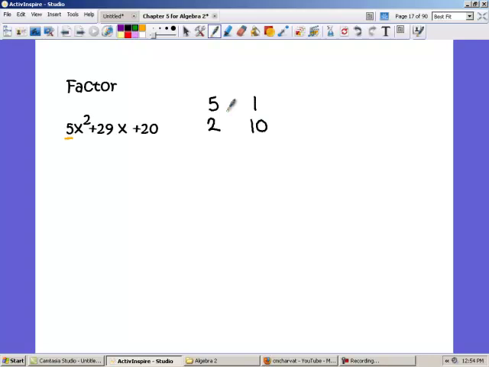Okay, and then you are going to cross multiply. So 1 times 2 is 2. 5 times 10 is 50. And if you add these up, will you get 29? No, you get 52. So what I would do is I would switch the 2 and 10 around.